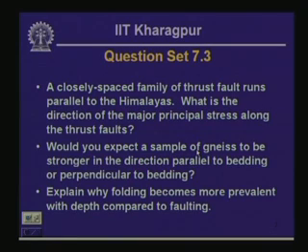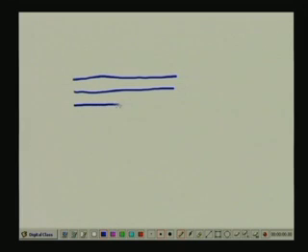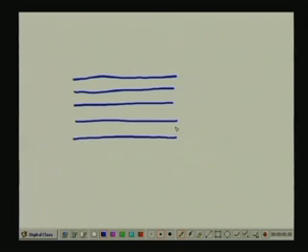Now let's look at the second one. Would you expect a sample of gneiss to be stronger in the direction parallel or perpendicular to the bedding? Let's consider this question once again. Let's say that the gneissic rock has bedding planes oriented in this manner.